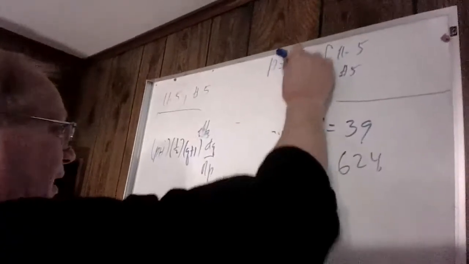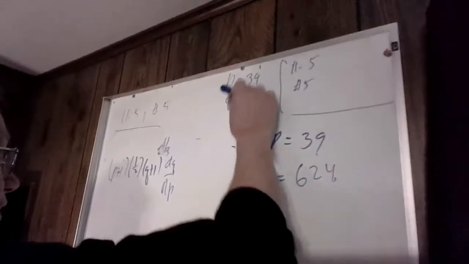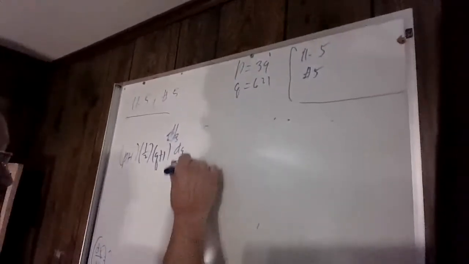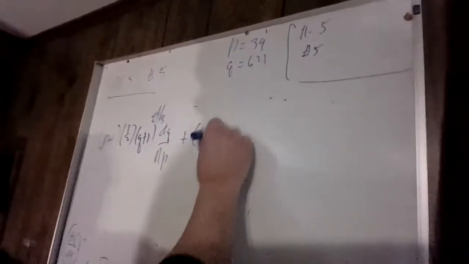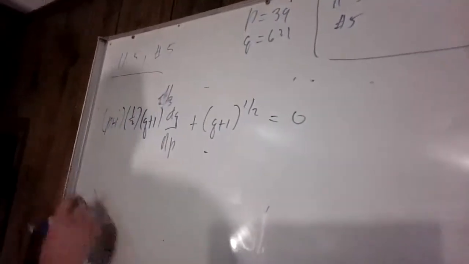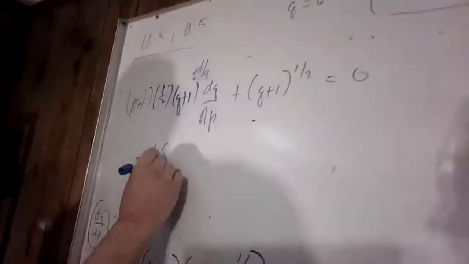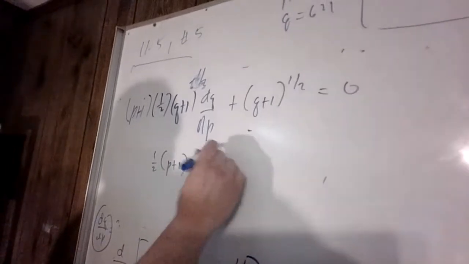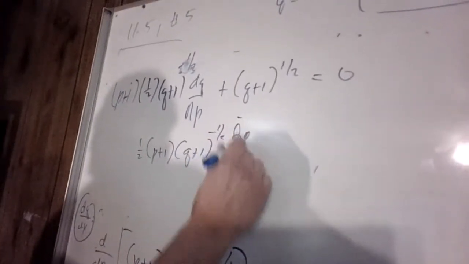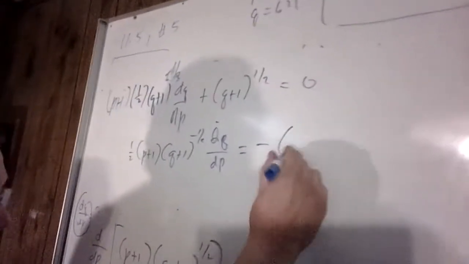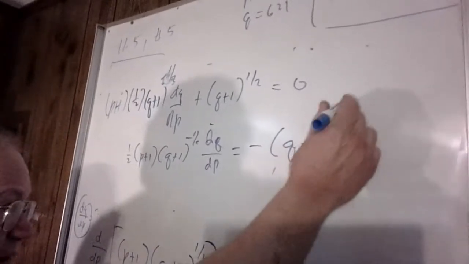P equals 39 and Q equals 624. Let's get rid of this. Okay, that's going to be plus Q plus 1 to the 1/2 equals 0. Now let's bring this over there and bring the 1/2 in front of this. 1/2 P plus 1, Q plus 1 to the minus 1/2, dq dp now becomes, we bring this over there, minus Q plus 1 to the 1/2.